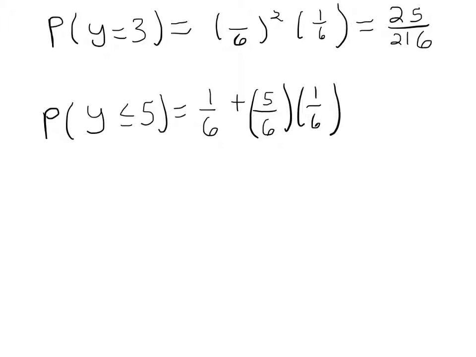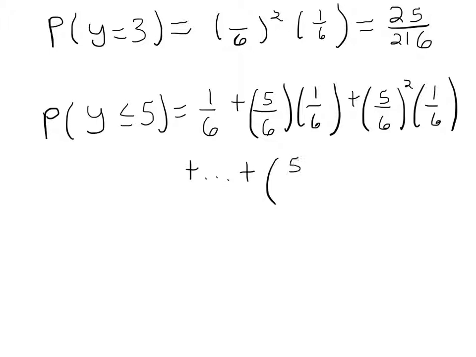What about if y was 3? That means I missed the 4 on the first 2 rolls, then I got the 4. We see a pattern emerging here. I can do a plus dot dot dot and cut right to the end, which would be not getting a 4 four times in a row, and then on the 5th roll, getting that 4. Again, I can use the plus dot dot dot to cut out writing out all of the probabilities.